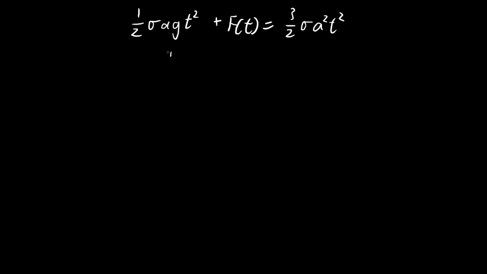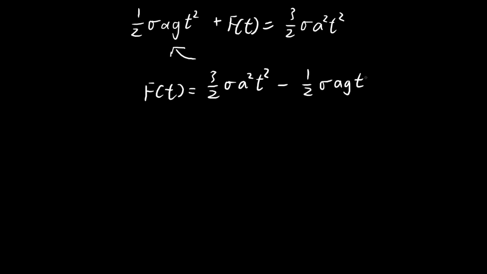Obviously we can move this term to the right. So F of t is equal to 3/2 sigma a squared t squared minus 1/2 sigma a g t squared. And if you notice, we can factorize this whole thing into something pretty nice. Let's take out the 1/2, and then the sigma.